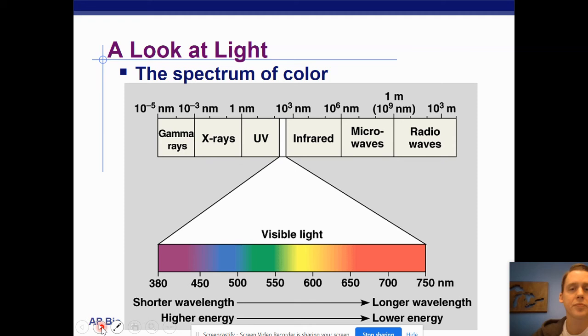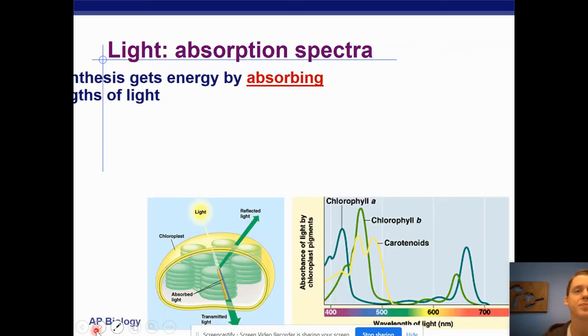Okay. A look at light. We are specifically for photosynthesis going to be worried about visible light. Visible light is what chloroplasts are going to collect. They do not collect each wavelength equally. Typically, chloroplasts are good at collecting red and blue light, not so much green.